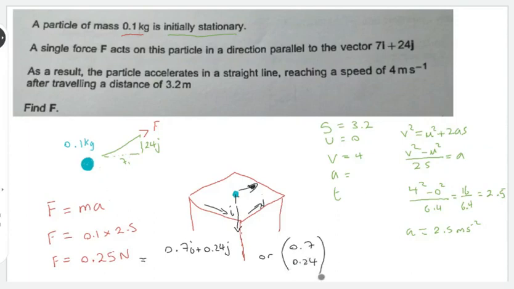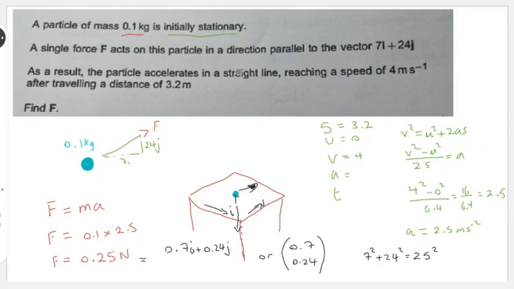The only reason I spotted that was because one of the Pythagorean triplets is 7, 24, 25, as in 7 squared plus 24 squared is equal to 25 squared. We've worked out the resultant force, the actual magnitude, to be 0.25 newtons.